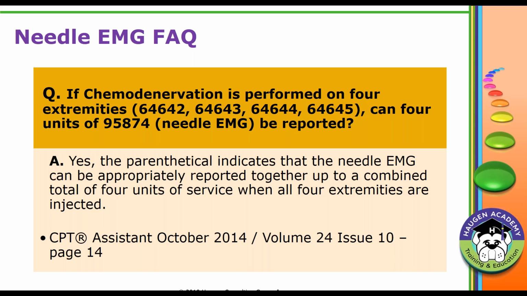Yes, it can, and this was answered in the CPT Assistant, and you can see our reference there. The parenthetical indicates that needle EMG can be appropriately reported together up to a combined total of 4 units of service when all 4 extremities are injected. So technically, yes, it can be reported that way.